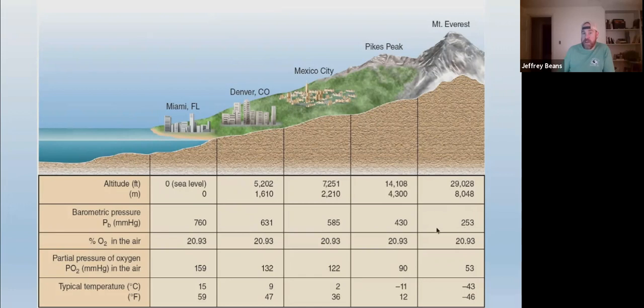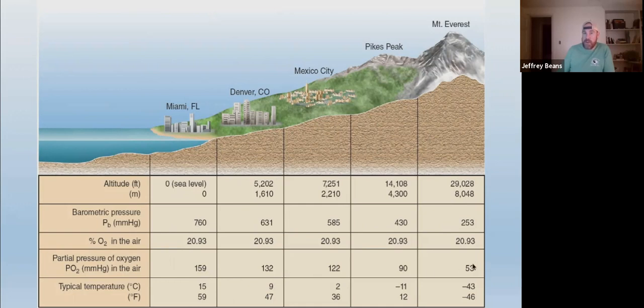Your barometric pressure is about 253 millimeters of mercury. Not to mention that you have extreme temperatures, which again, core body temperature is going to impact your dissociation. But look at these partial pressures of oxygen just fall off down to 53.